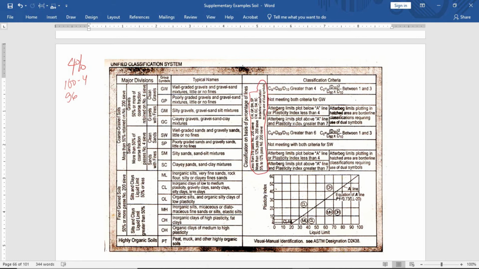Less than 5% passing number 200 sieve is GW, GP, SW, or SP.